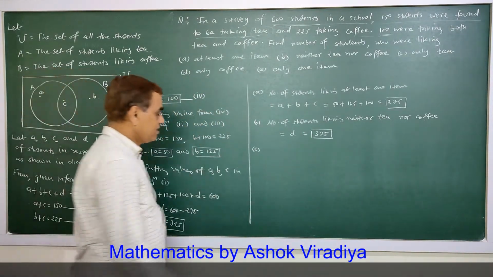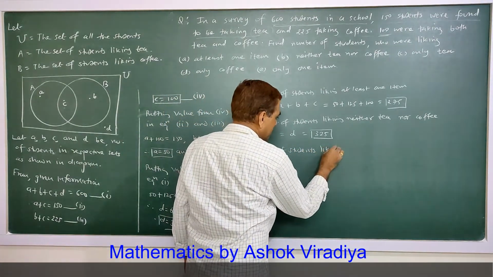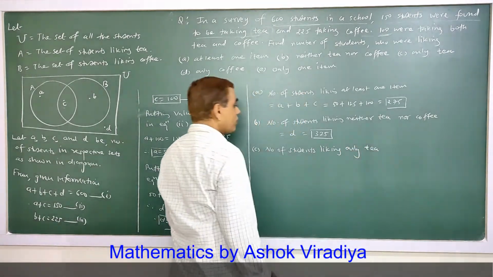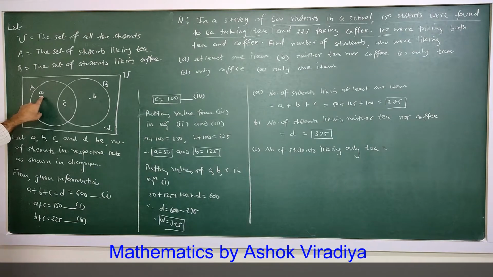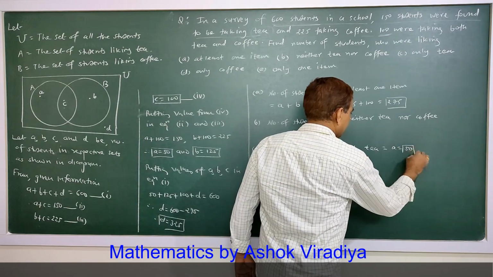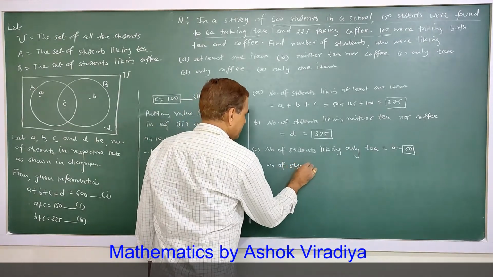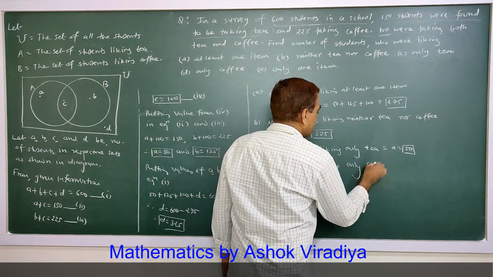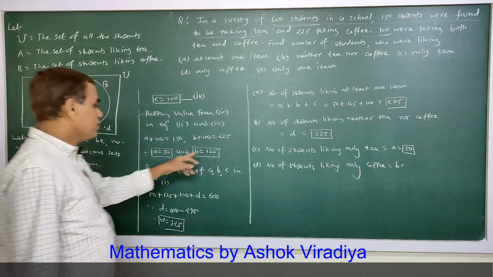C, number of students liking only tea. Only tea, that is A, and the value of A is 50. Then number of students liking only coffee, that is B, and the value of B is 125.